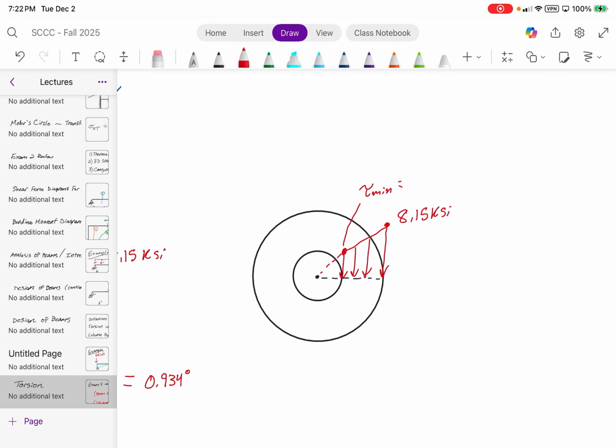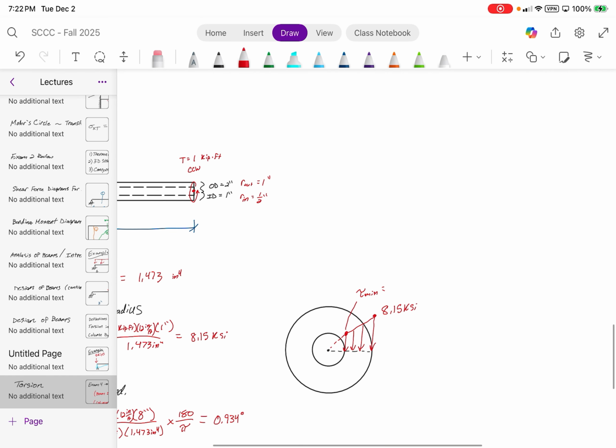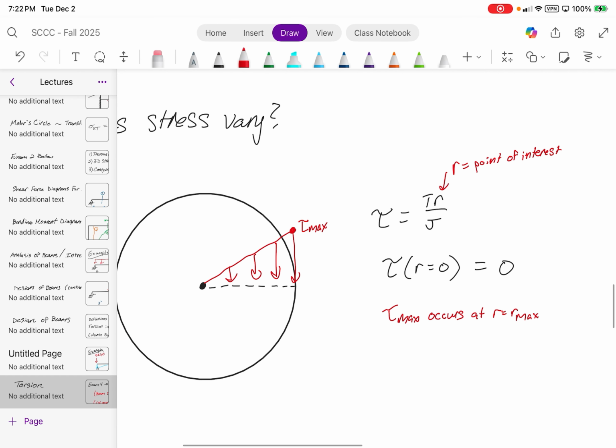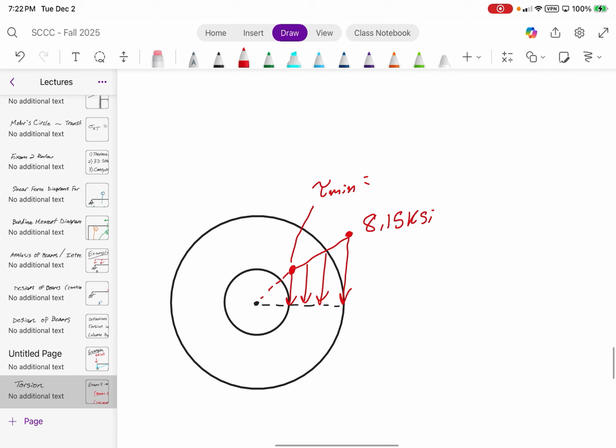All right. We also have a minimum shear stress. In the previous problem, what was the minimum shear stress? It was 0, right? Because there's material all the way through. But now, there's literally no material here, which means there's no stress being felt at all there, which means that we also have a minimum shear stress.